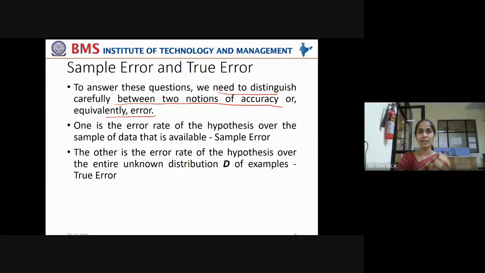Accuracy's opposite is error, right? Whenever you are talking about accuracy, you are talking about the complement of error. So I can say error in prediction or accuracy in prediction. You might have heard me saying increase the accuracy in prediction or reduce the error in prediction.